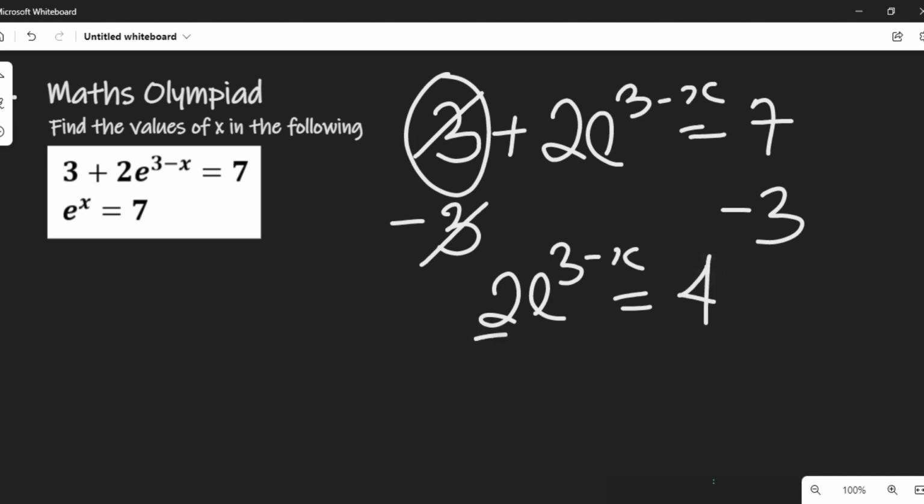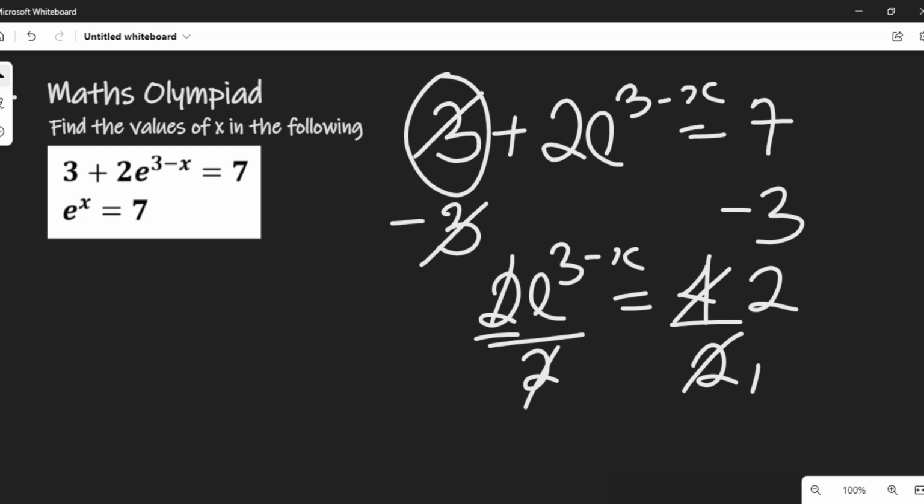To clear the 2, we are going to divide both sides by 2. 2 will clear 2, and then we'll have e to the 3 minus x equal to 2.